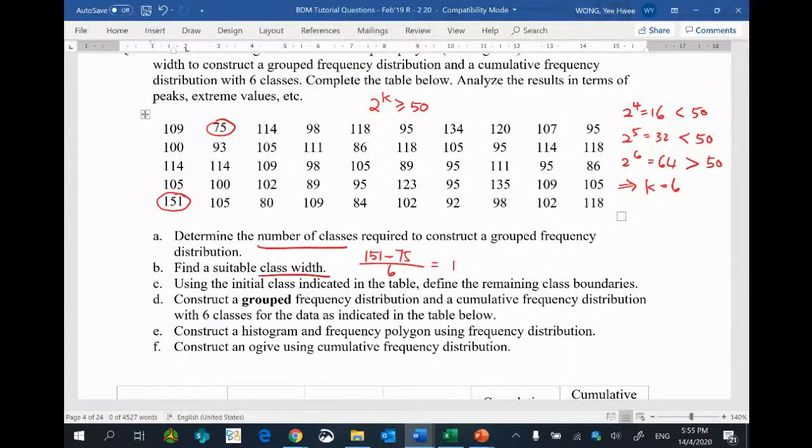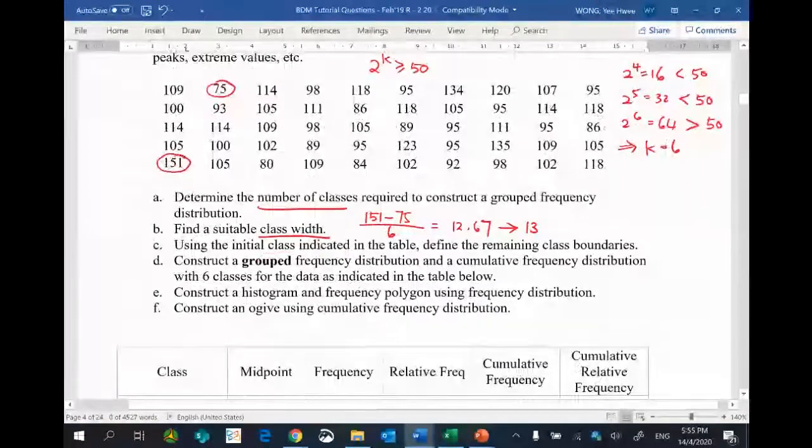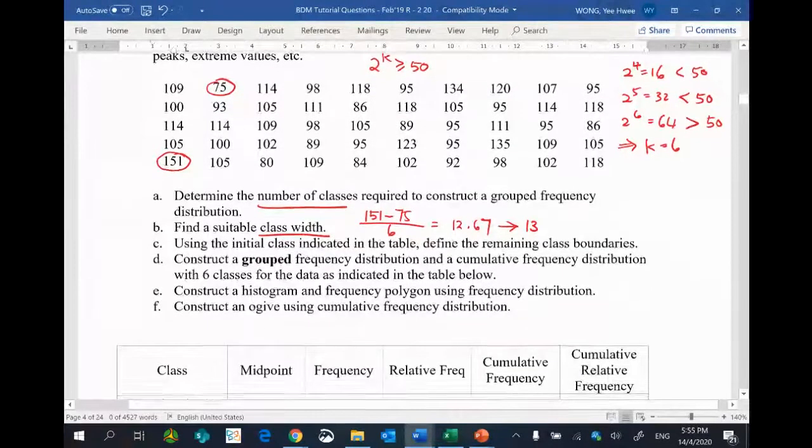You get 12.67. So 12.67, if you round up, gives you 13. Now this is the minimum class width that you should use. You can use something bigger, like what I've given you.